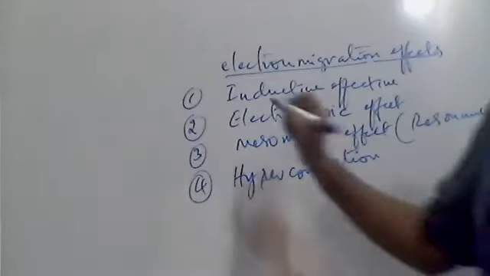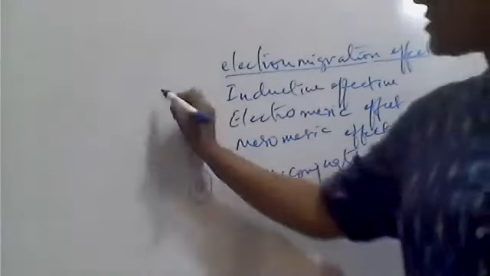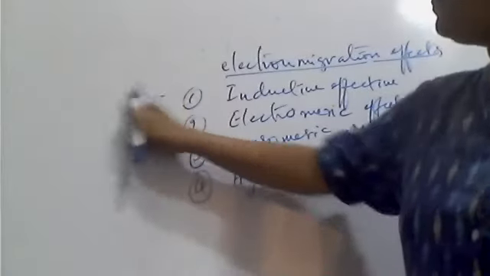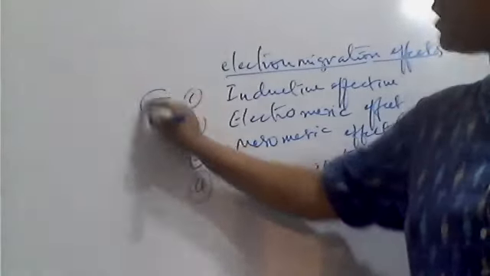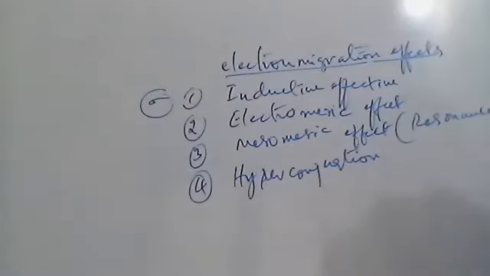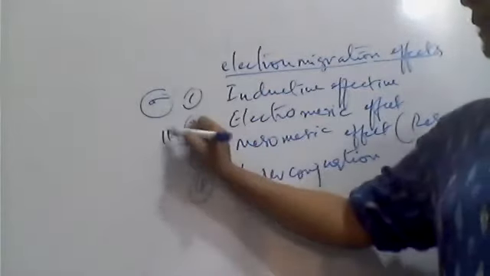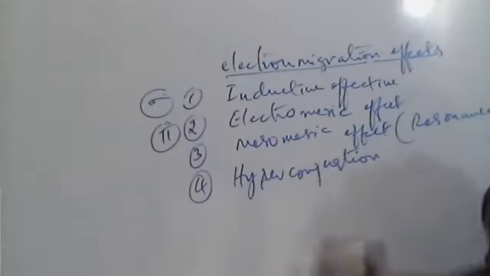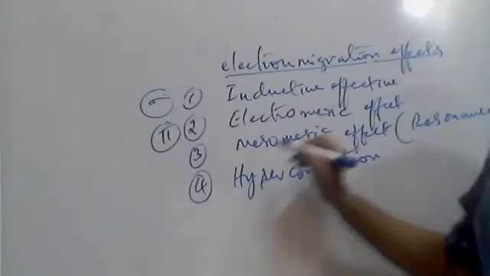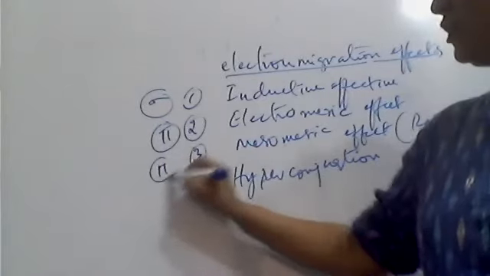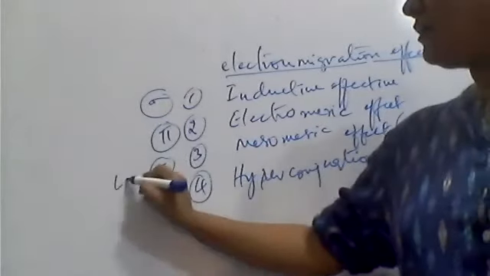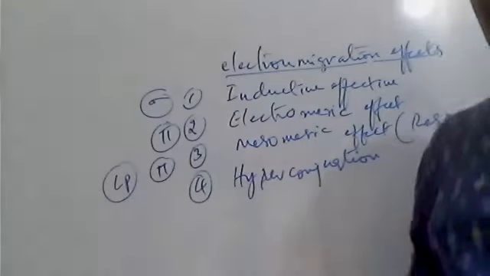In the case of the inductive effect, the sigma bond electrons are moving, whereas in the electromeric effect, the pi bond is moving. And in the mesomeric effect, the pi bond will move and or lone pair of electrons also will move.